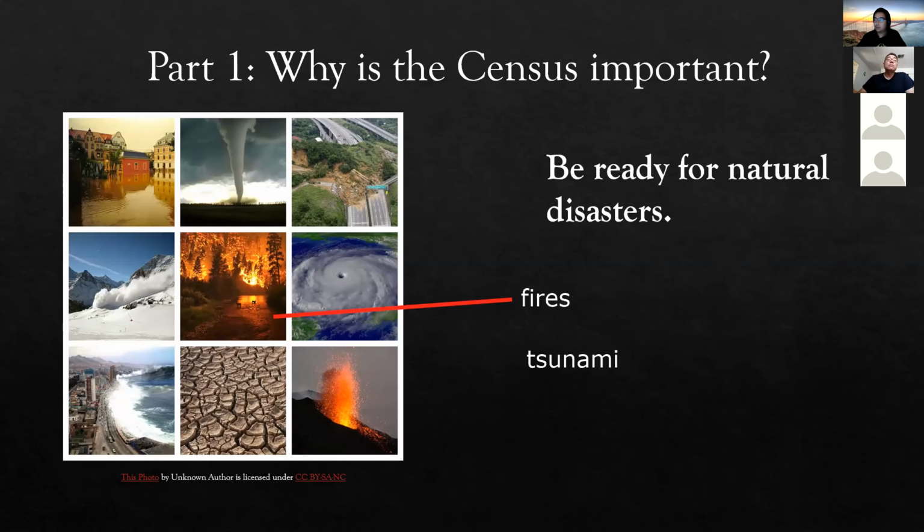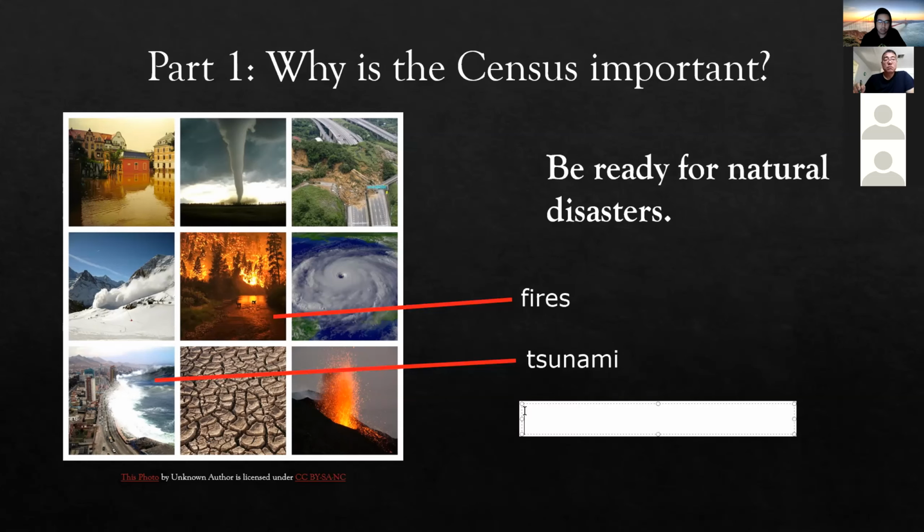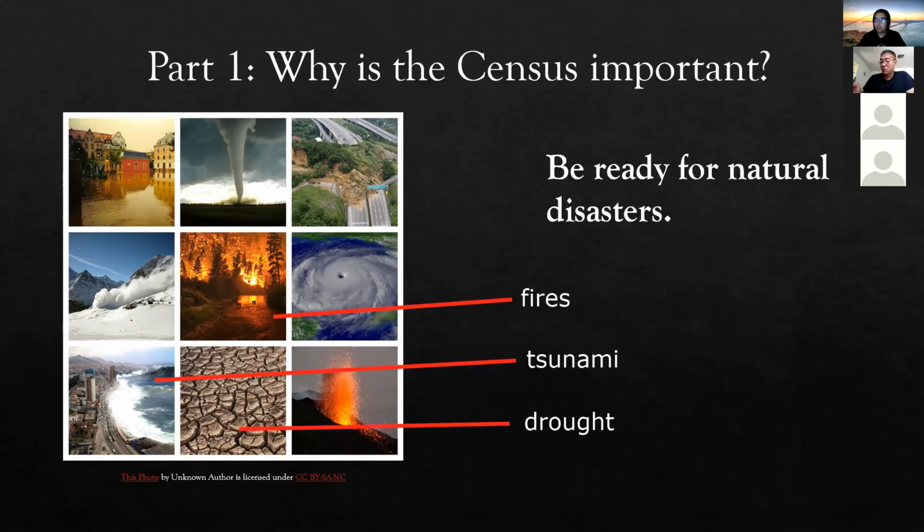Do you remember last? Yeah, tsunami was in Japan, Thailand, Asia. California also had no rain. We call this a drought. Fire, tsunami, drought.